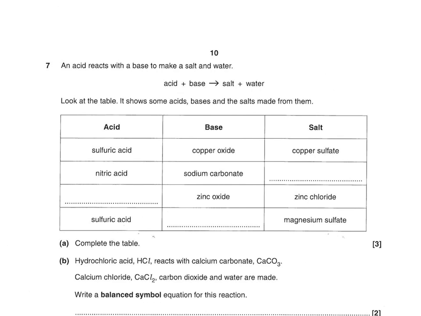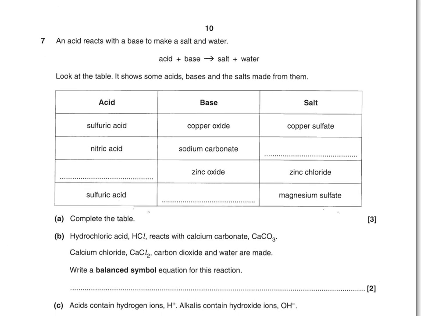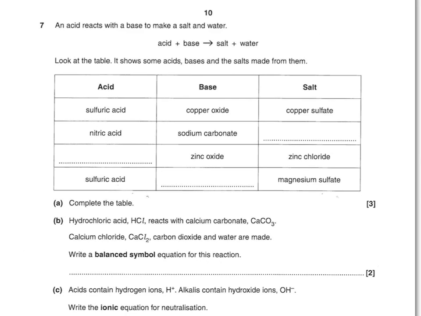An acid reacts with a base to make a salt and water. There's a general equation. Look at the table, it shows some acids, bases, and the salts that are made from them. Complete the table. So, here you're making zinc chloride, so the acid must be hydrochloric acid. So that will get you the 1st mark, hydrochloric acid.